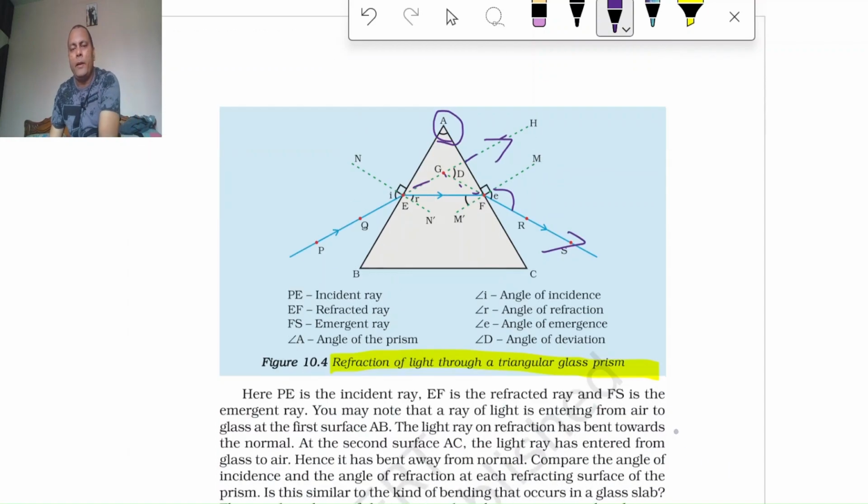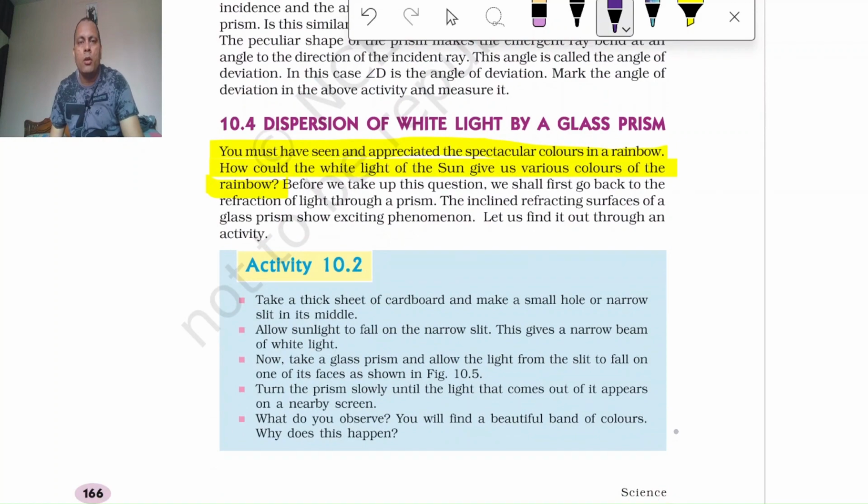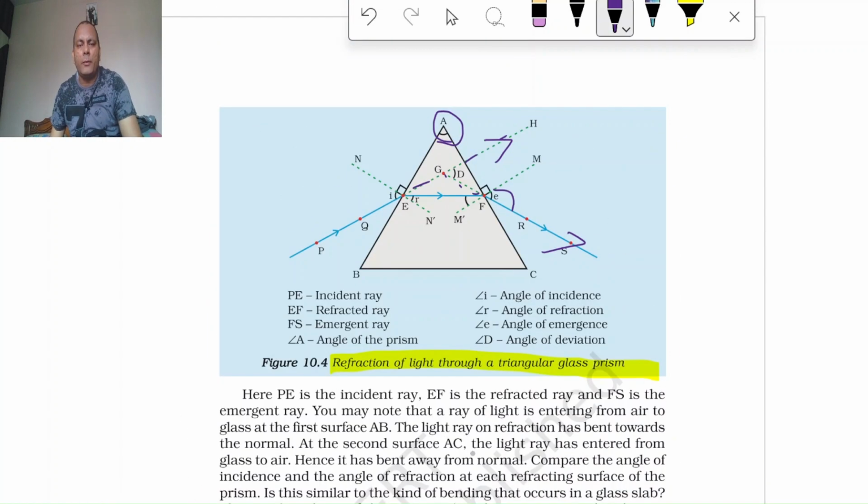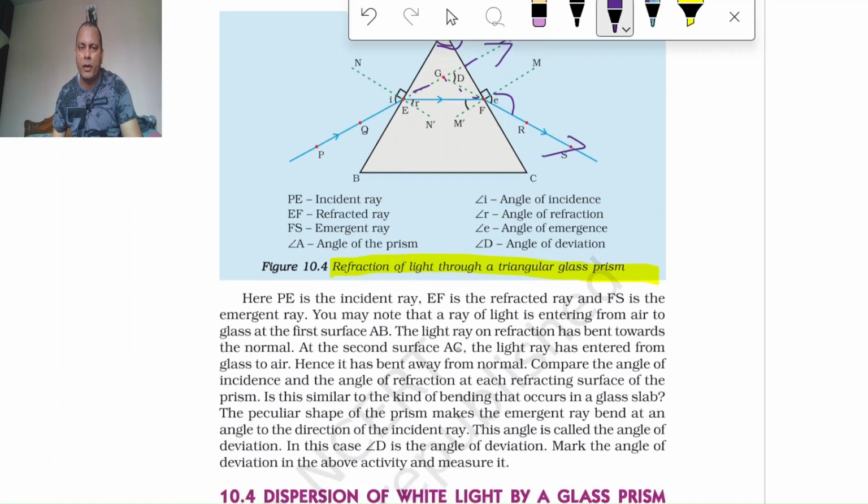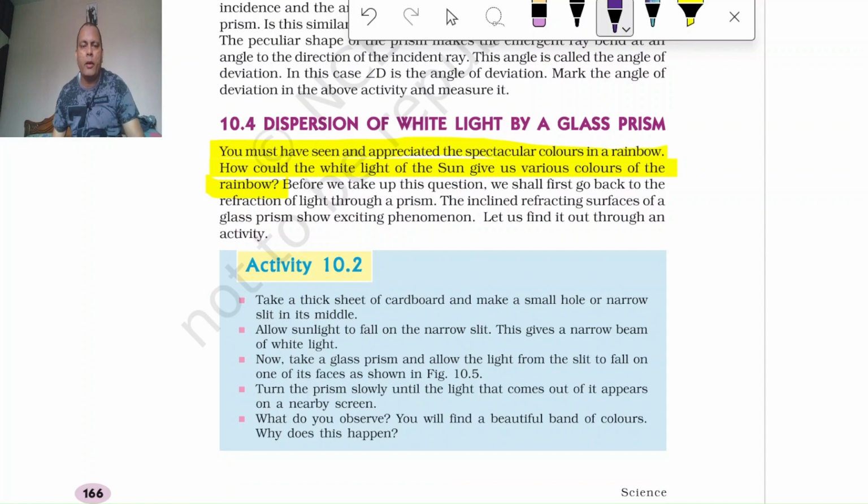So we need to understand the different terminology. In the exam you may be asked to define and draw the diagram of the angle of incidence, deviation, angle of emergence, reflected ray, refracted ray, emergent ray, incident ray, and the angle of prism. You must be aware of that.